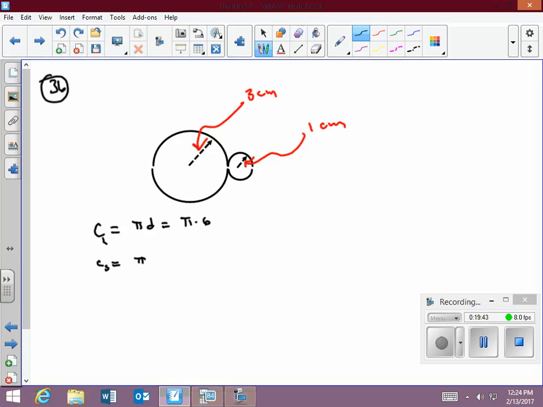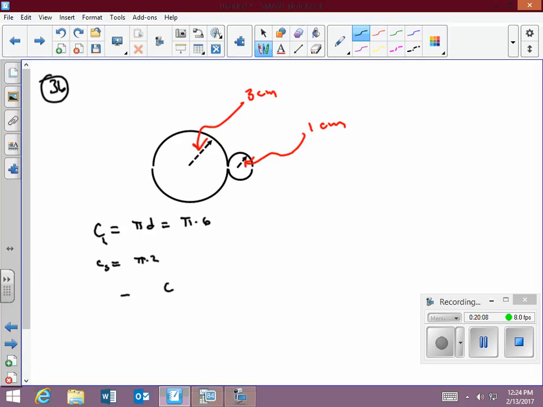Now what do you do? Diameter is going to be 2. Radius is 1. Oh, 2. So then what are you going to do?